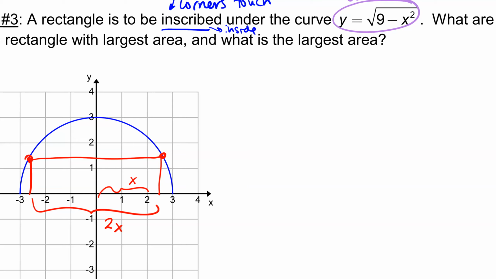Because it depends where we are, we have to plug the x value in to find the height. That's why I can't just have the width be the x value. So this height is y, which is the square root of 9 minus x squared.